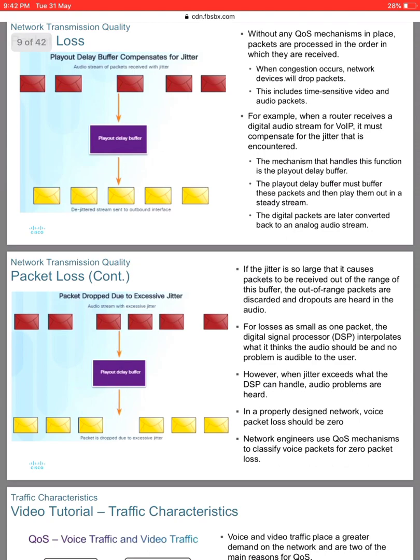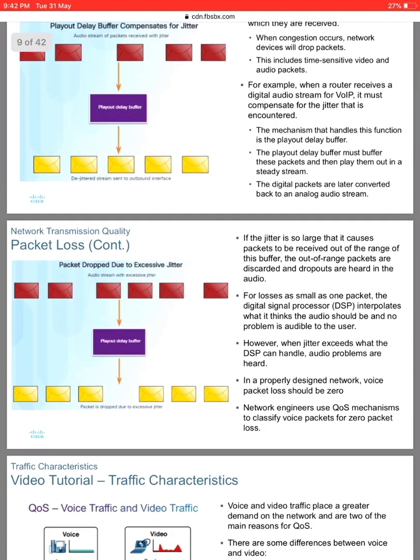For example, when a router receives a digital audio stream for voice over IP, it must compensate for the jitter that is encountered. The mechanism that handles this function is the playout delay buffer. The playout delay buffer must buffer these packets and then play them out in a steady stream.